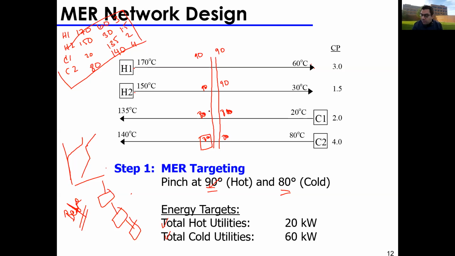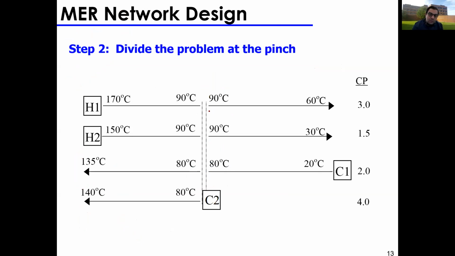So I divided the problem at the pinch. As you can see, for the hot streams my pinch temperature is 90, and for the cold streams my pinch temperature is 80. Of course, the difference between them is the delta T minimum. Once I've done this, my problem is divided into two problems.